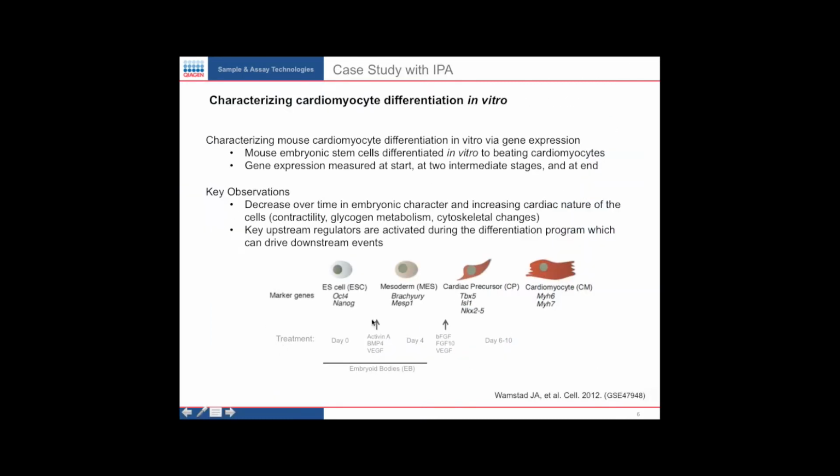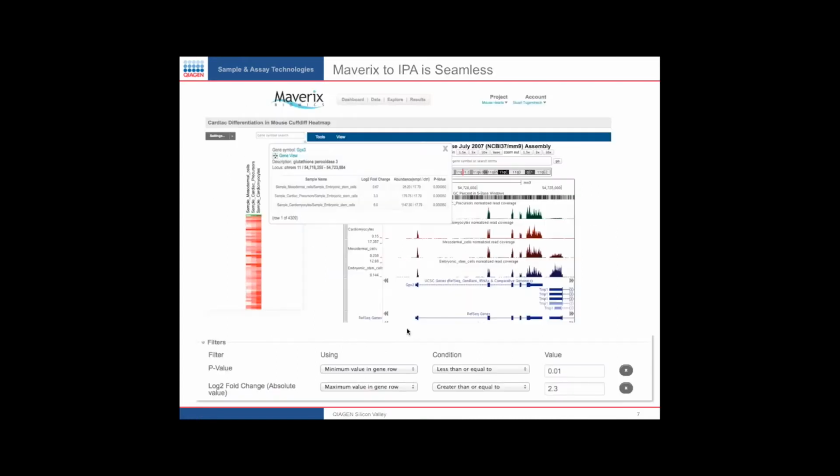Okay, so you already saw this slide. I won't go through it anymore. But just to make it extra clear again, we're ratioing everything back to the starting culture. So mesoderm against embryonic stem cells, cardiac precursors against embryonic stem cells, et cetera. So there are going to be three what we call observations, or three data sets, in a way, that we're going to be analyzing.